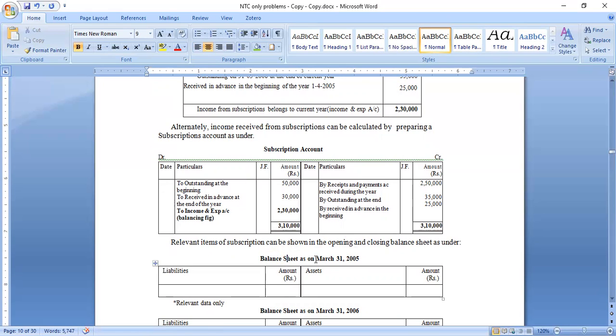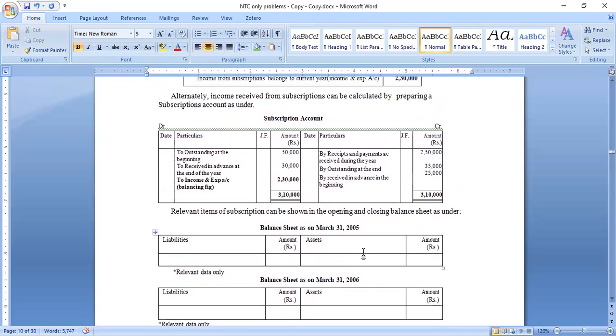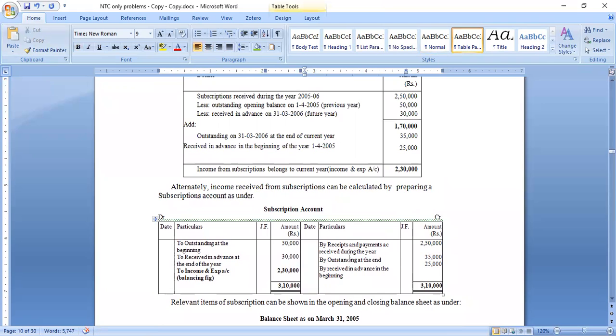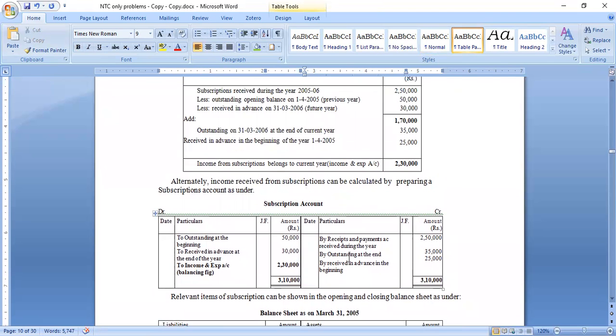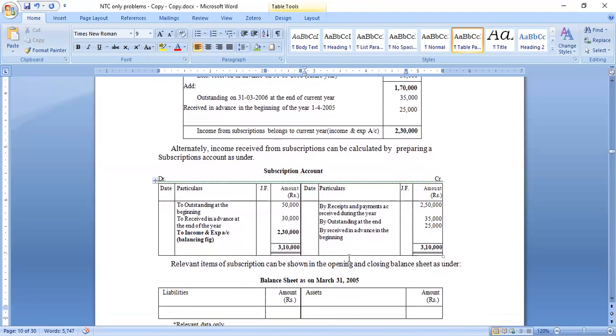This is the opening balance sheet, and this is the balance sheet as on 31st March 2006, the closing balance sheet. So in the opening balance sheet, what items do we have to mention? Outstanding incomes and advances received.